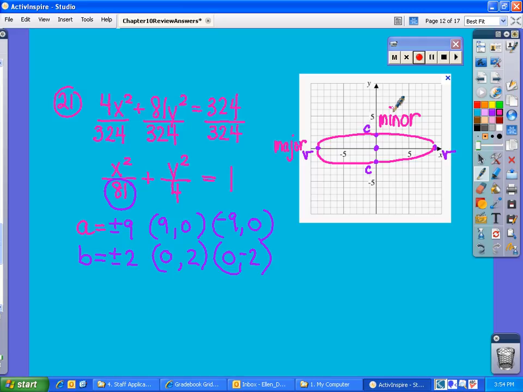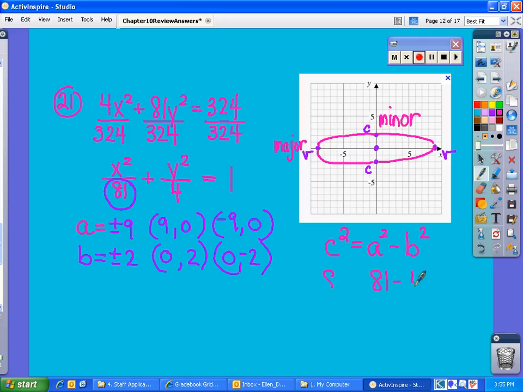In order to find our foci, remember, foci are determined by the equation c squared equals a squared minus b squared. We get our a squared and b squared from our equation. A squared, remember, was 81.